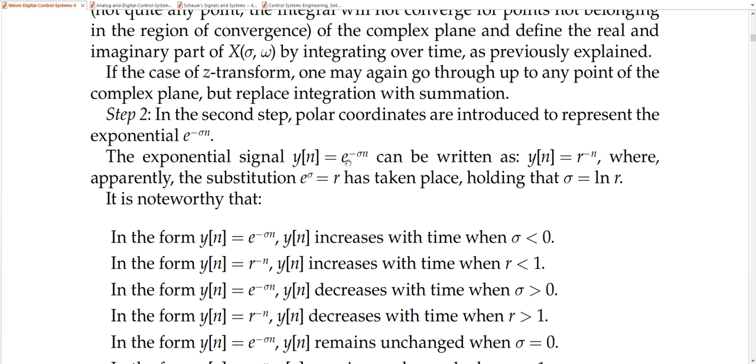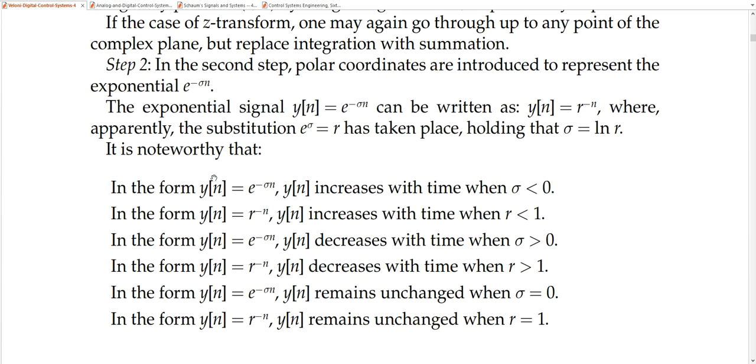Since e here is exponentiation, the exponential signal y(n) equals e to the negative lambda n can be written as y(n) equals r raised to the power of negative n, where apparently the substitution e to the lambda equals r has taken place, holding that lambda is equal to the natural logarithm of r.